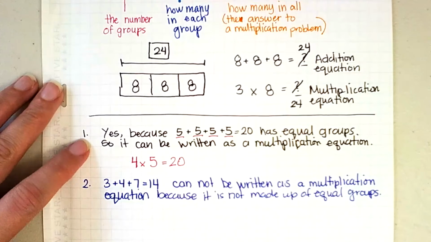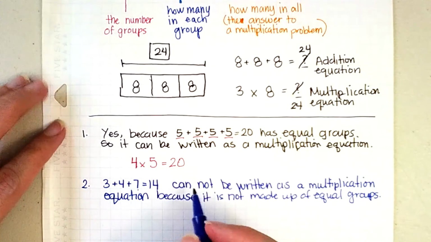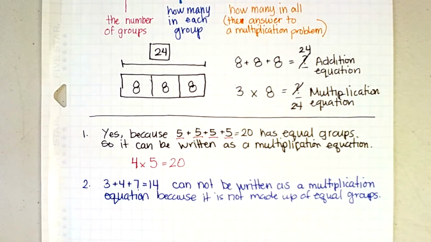So take a look at my answer here again. I explained my thinking. I didn't just say no, or I didn't just say yes. I explained why I answered the way that I answered, and I showed my work.